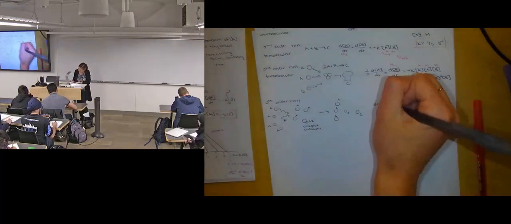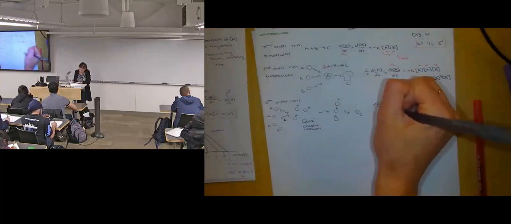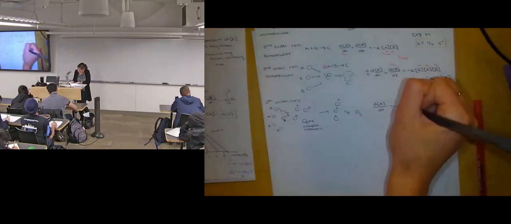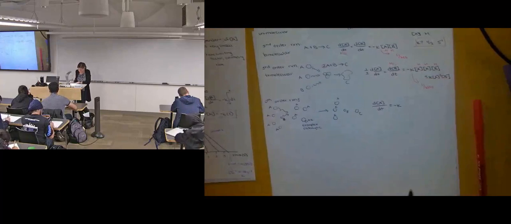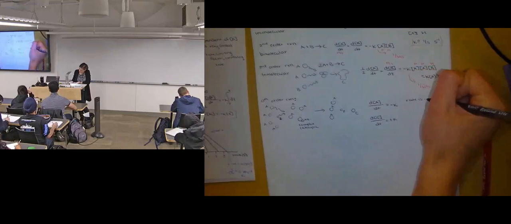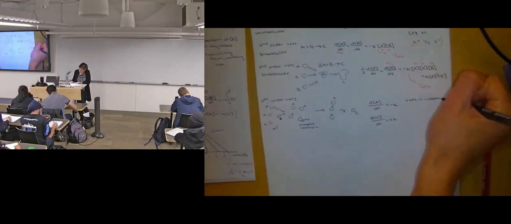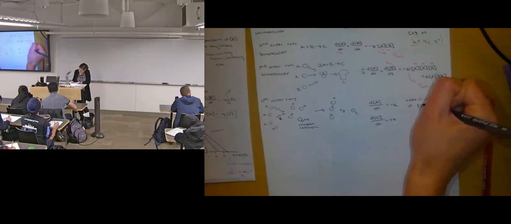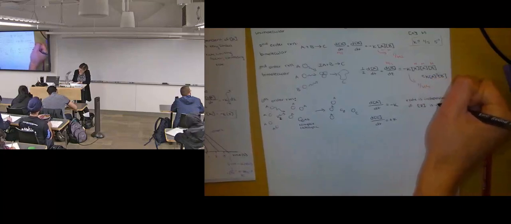In this case, the change in concentration of A with time is equal just to negative k. The formation of C with time is equal to positive k. The rate is considered independent if the concentration of Z is very small.